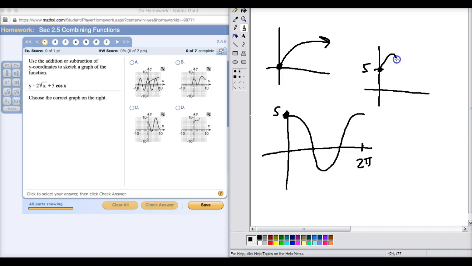So we would have something that kind of looks like this. Okay, so I'll go ahead and erase all this stuff here. All right, so in general, like I said, it will continue to come up like this.